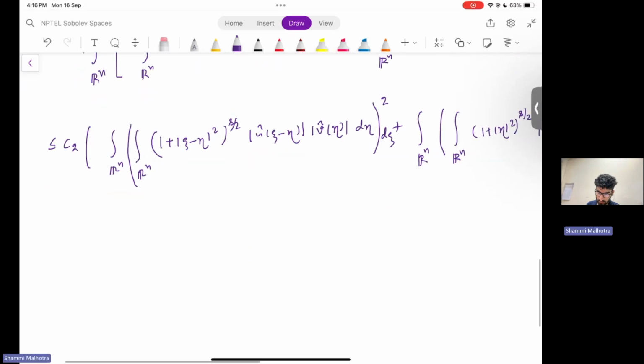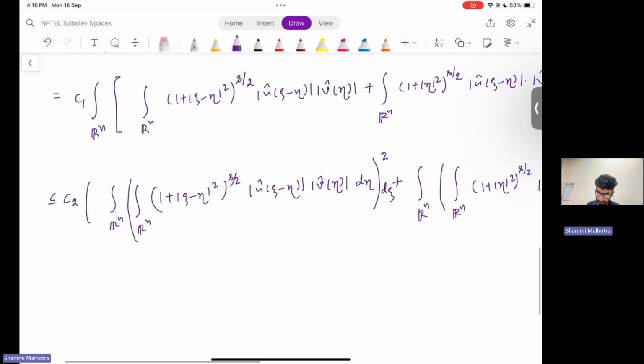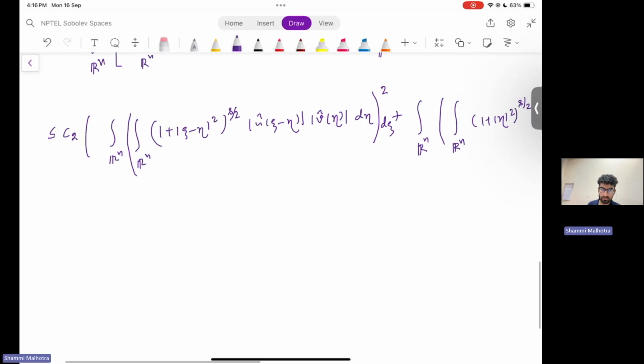But before that, using Cauchy-Schwarz, we can observe one more thing. And this thing is nothing but C2 times the integration over R^n.